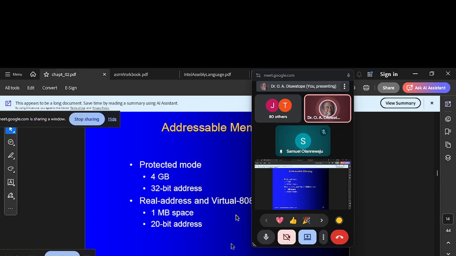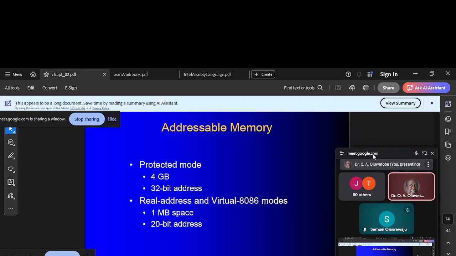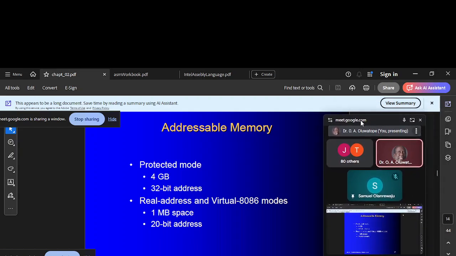Okay, so let's delve straight into this. Addressable memory. In protected mode, because protected mode is able to recognize 32 bits, the total amount of memory that can be addressed is 4 gigabytes. 2 raised to power 32 gives 4 gigabytes of information.